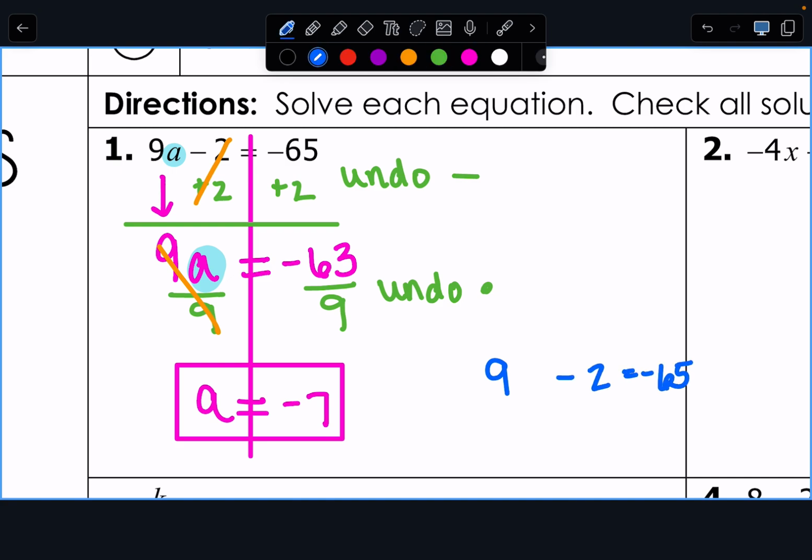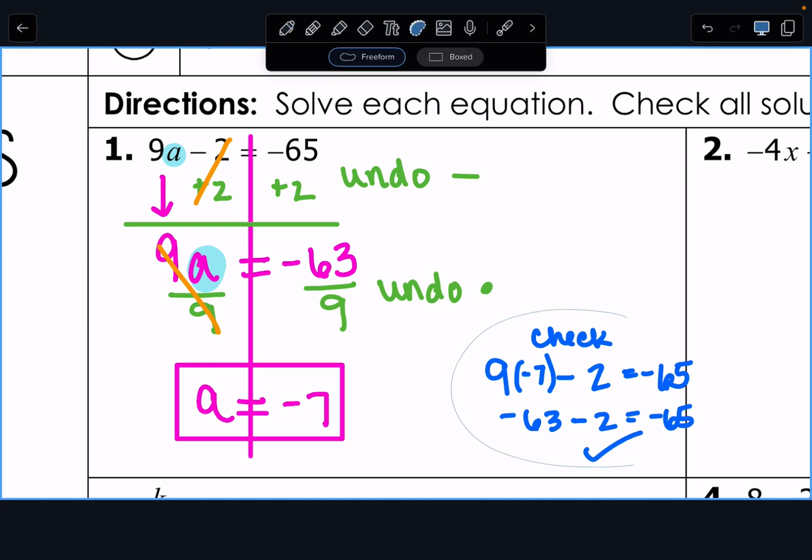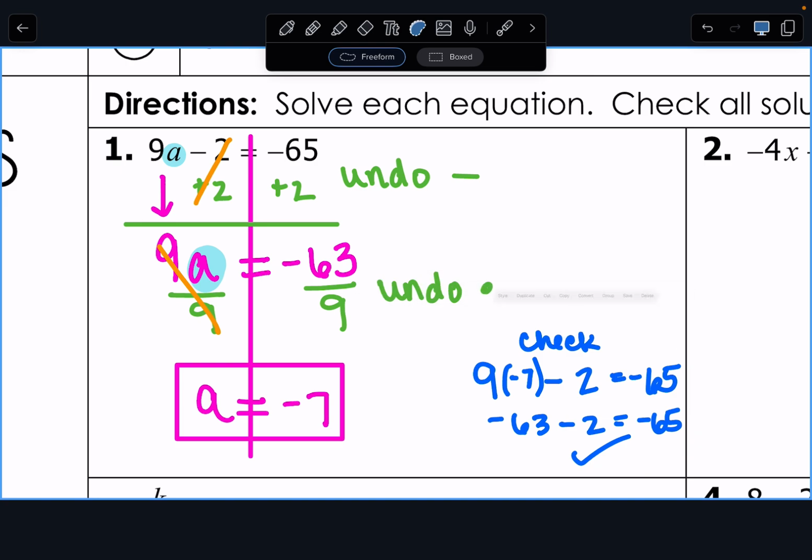If I replace a with negative 7, help me out, is 9 times negative 7 minus 2 equal to negative 65? Does that work? Yes. I am so glad for that. We got the right answer.